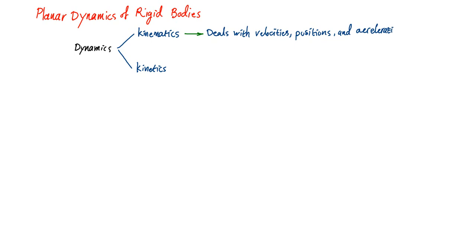As I said before, when we are studying the kinematics of rigid bodies, or generally studying kinematics, we don't really care about the forces and torques that are causing the motion. We just care about how that particle, or in this case, how that rigid body moves. How does it accelerate? How does its velocity change?